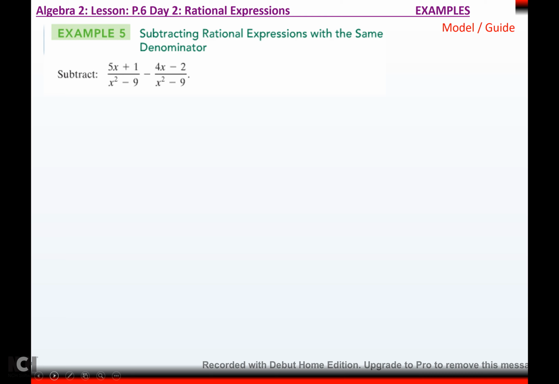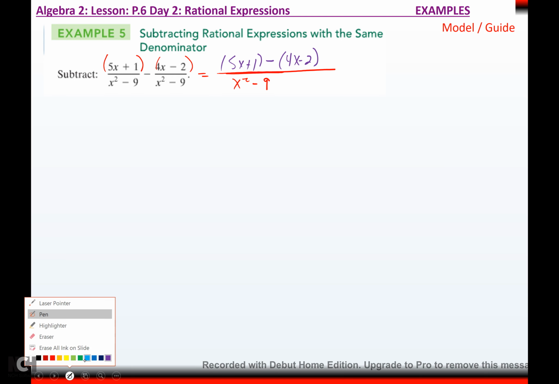So, the denominators match, and the rule says when your denominators match, you keep that denominator and you basically do the math on top, which says this minus this. So I would have 5x plus 1 minus 4x minus 2 on top.